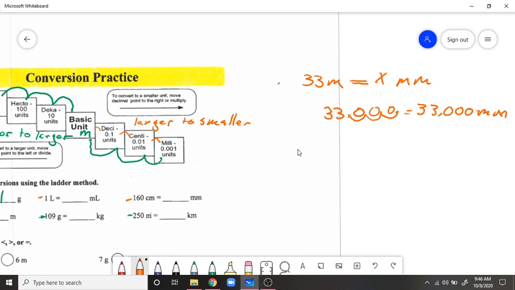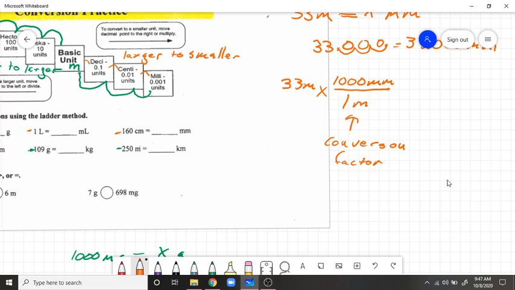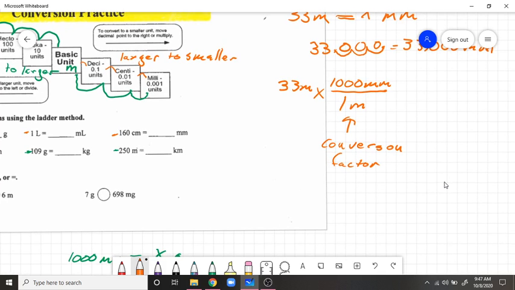Or multiply. I have 33 meters, and I know that there are 1,000 millimeters in 1 meter. This is the conversion factor again. And if you recall, it can be written with meters on top and millimeters on the bottom, or with meters on the bottom and millimeters on top.